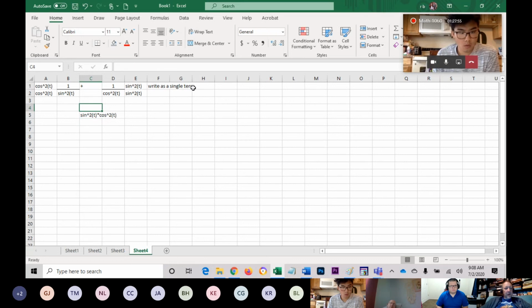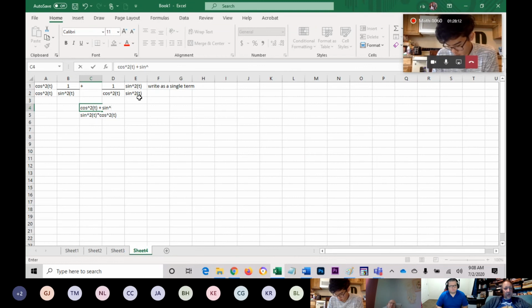Okay. So cosine squared of t times 1 is simply the cosine squared of t. And we're going to add that to sine squared of t times 1, which is the sine squared of t. Okay. So now I've got this nice fraction here.